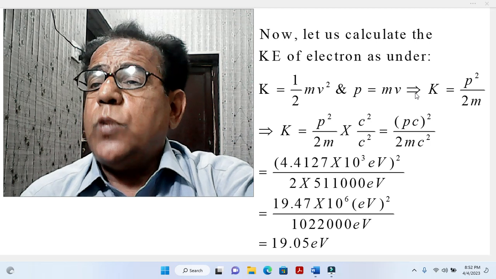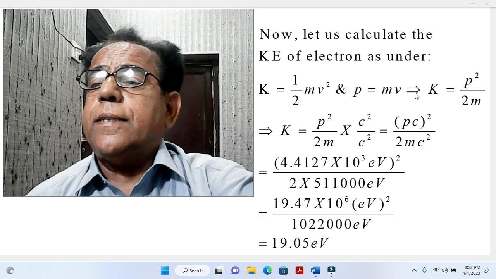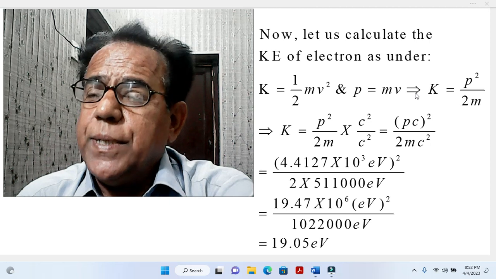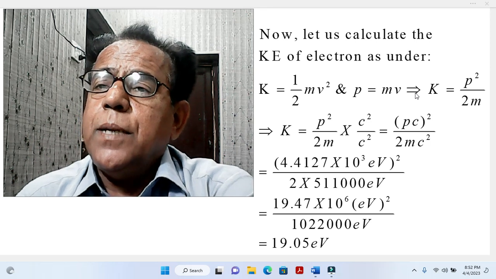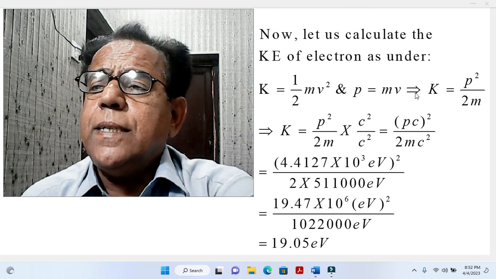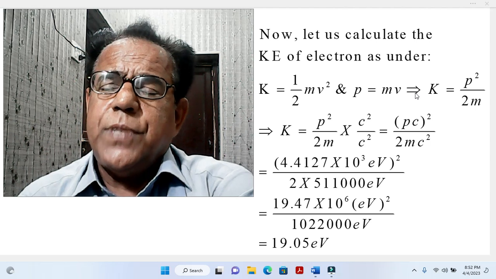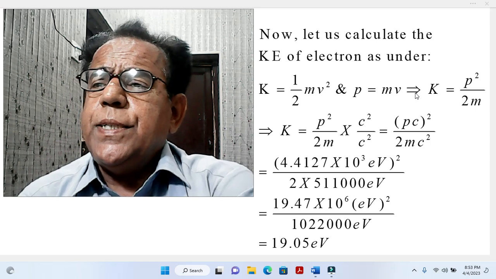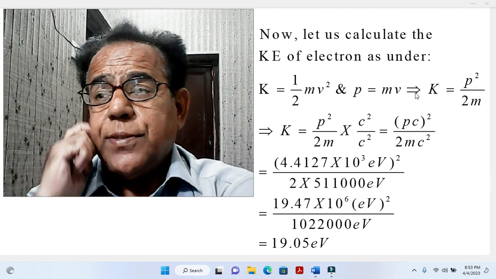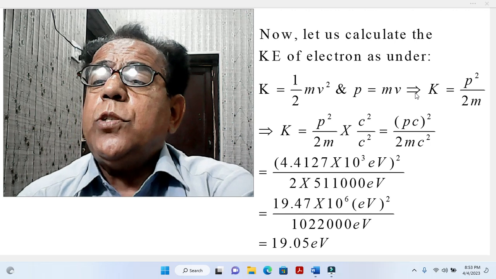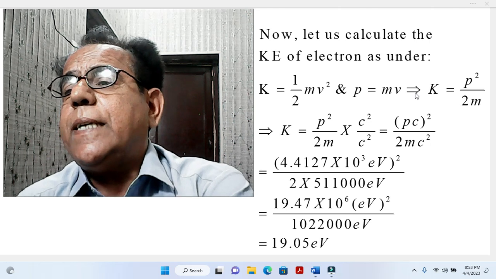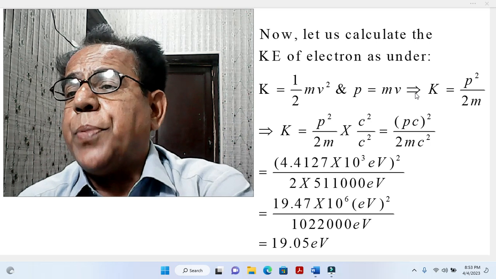Now let us calculate the kinetic energy of electron as under. For this, we have to make an arrangement within the classical parameters. In classical physics, we know that kinetic energy is equal to half mv square and momentum is equal to mass into velocity, mv. When we solve these two equations simultaneously, we get a third expression, which is K equal to p square over 2m.